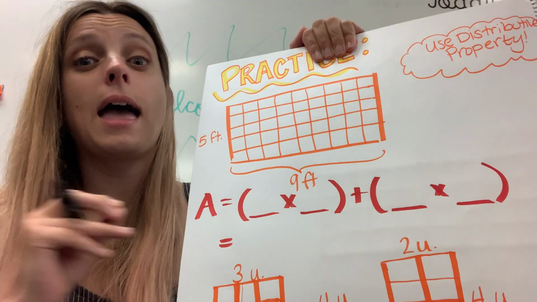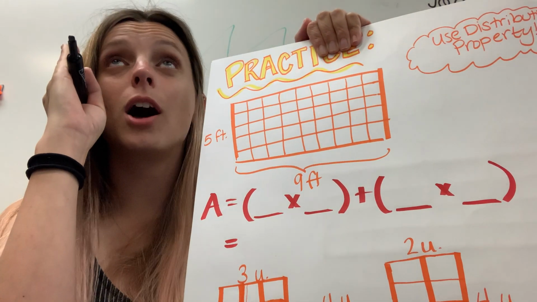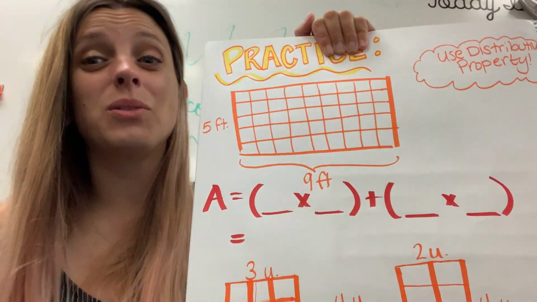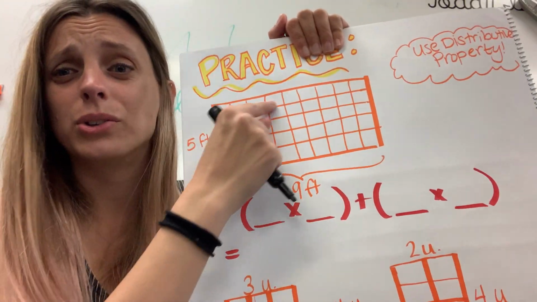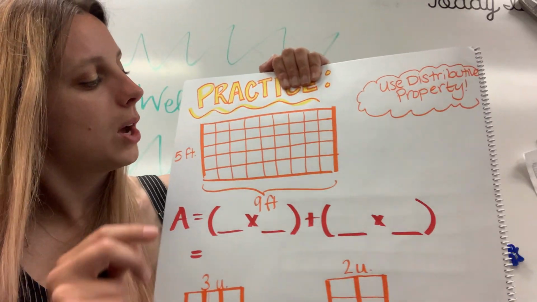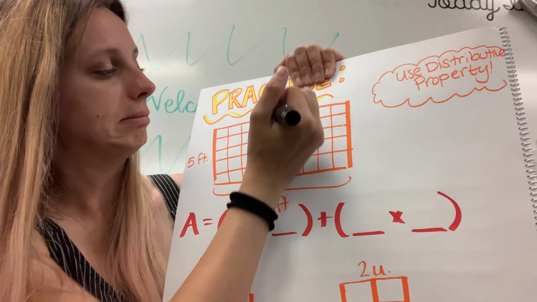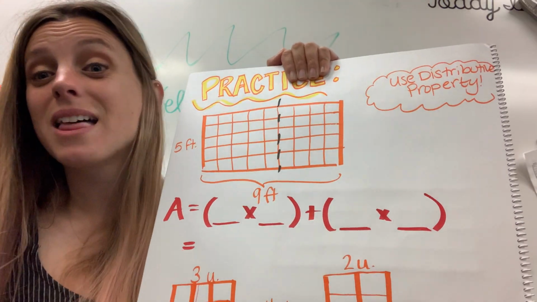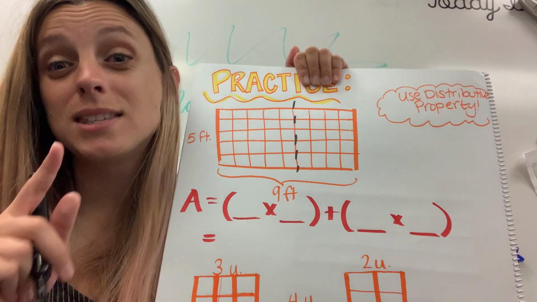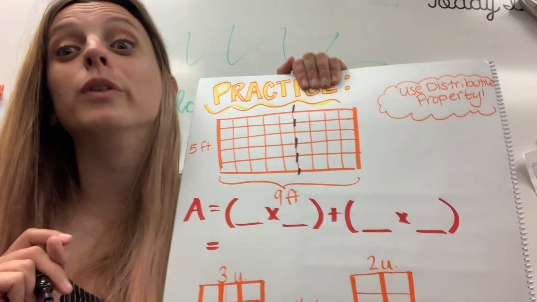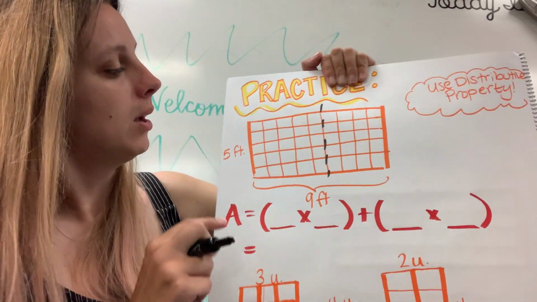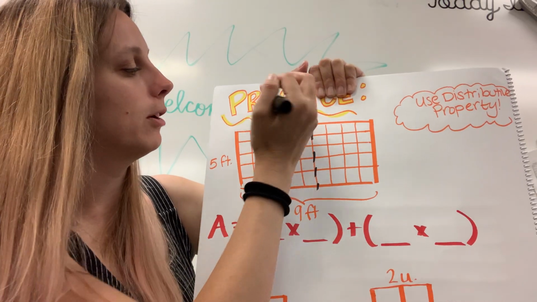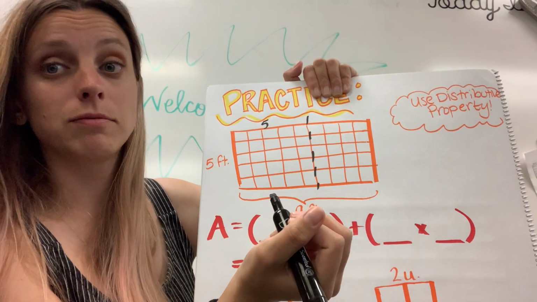So remember, we can cut any way we want as long as it's vertical or horizontal. It wouldn't make sense to cut it diagonal because then we'd have all these weird little triangles that we can't really count, right? So I'm gonna go ahead and just cut it, I don't know, here. And if you cut it somewhere else, that's okay because we're gonna check to see if we both got the same answer and we're gonna prove the distributive property works. All right, so with my cut, I end up with a 5 by 1, 2, 3, 4, 5, which is nice, right? 5 times 5.